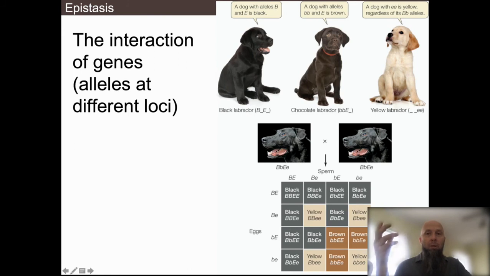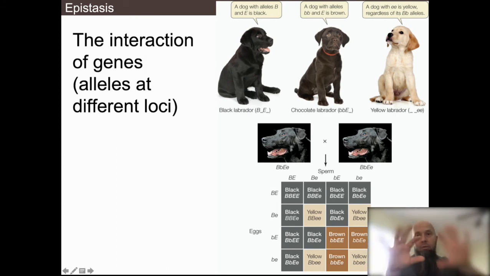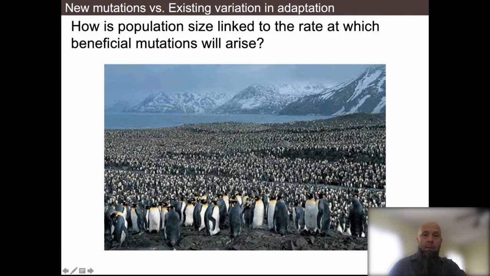No matter what pigment is being produced, if it's homozygous recessive for that E locus, it doesn't put any pigment in the hair of the dog. Okay, so because of this, we have two different genes whose alleles are contributing together to determine the phenotype. All right. So this is an example of very separate unlinked genes that could be selected upon in tandem.